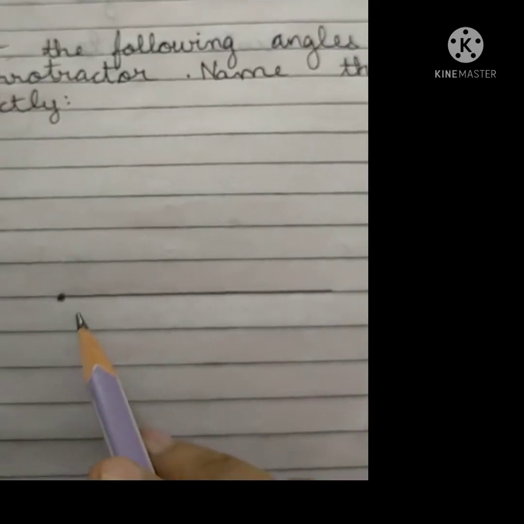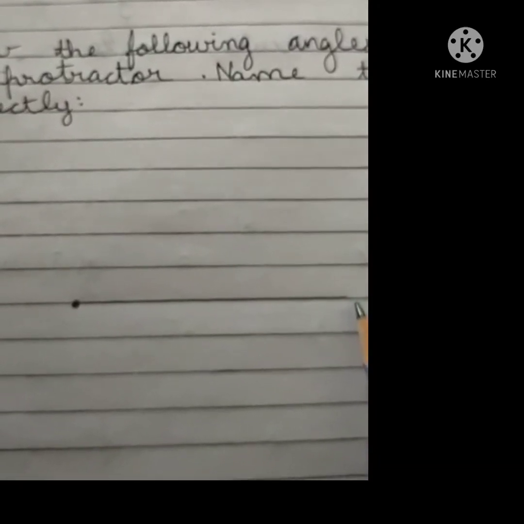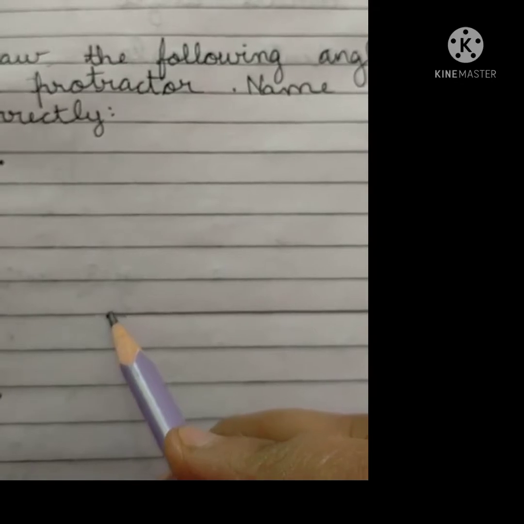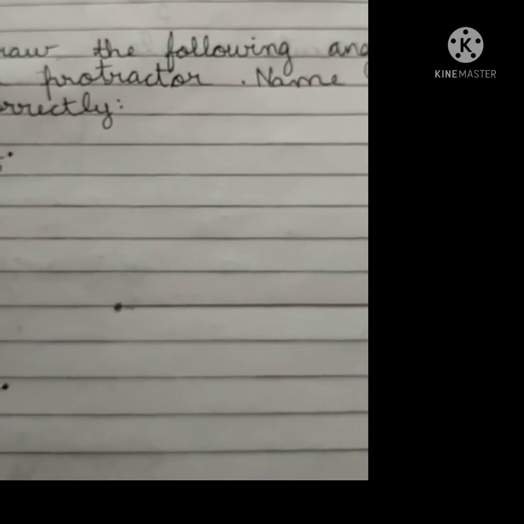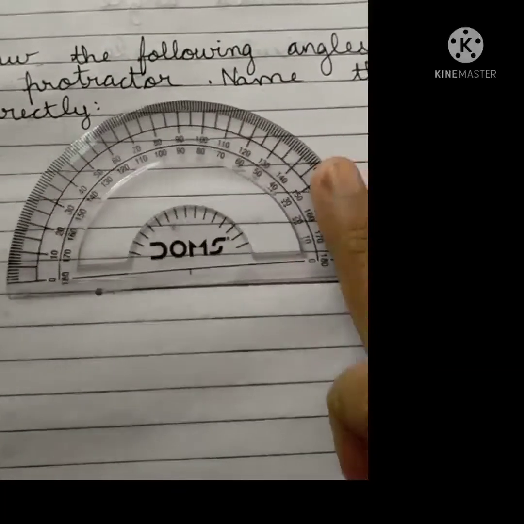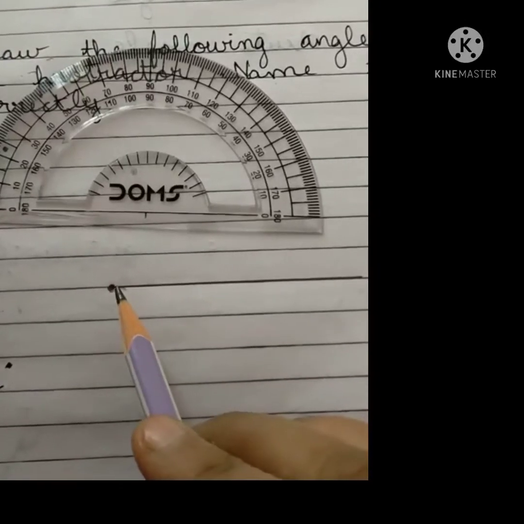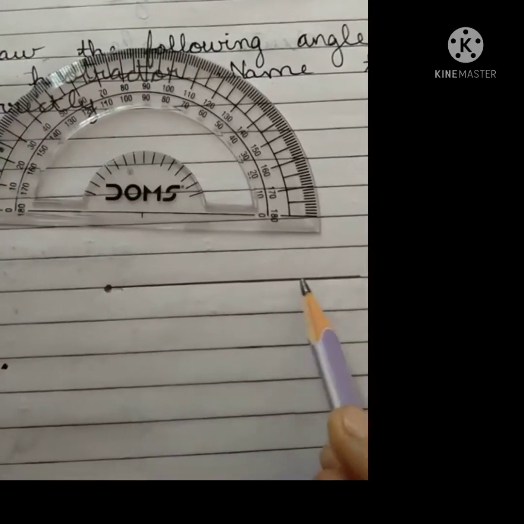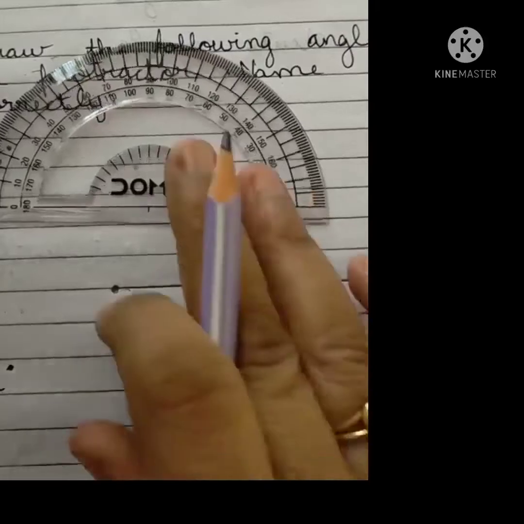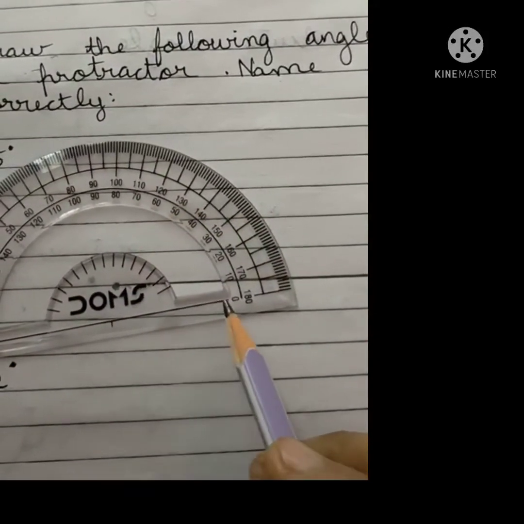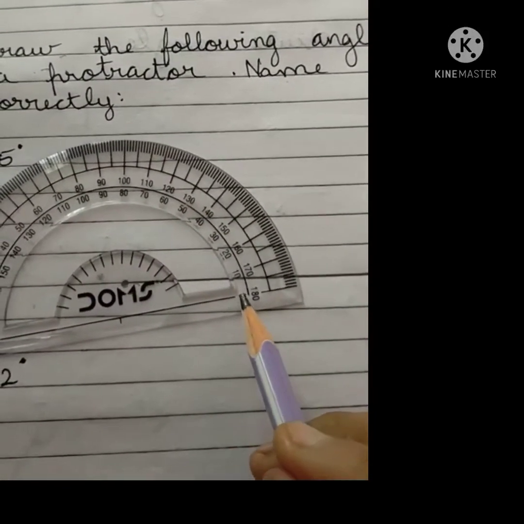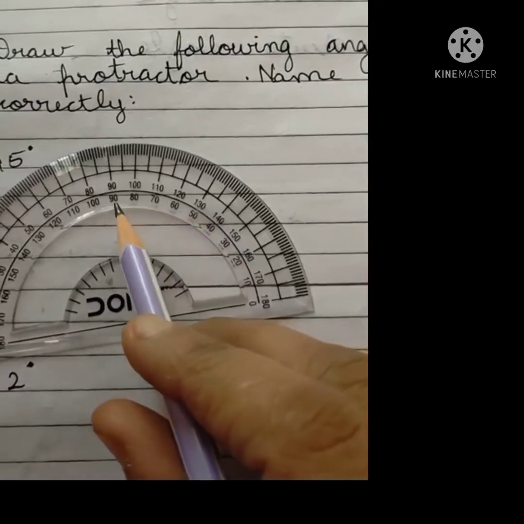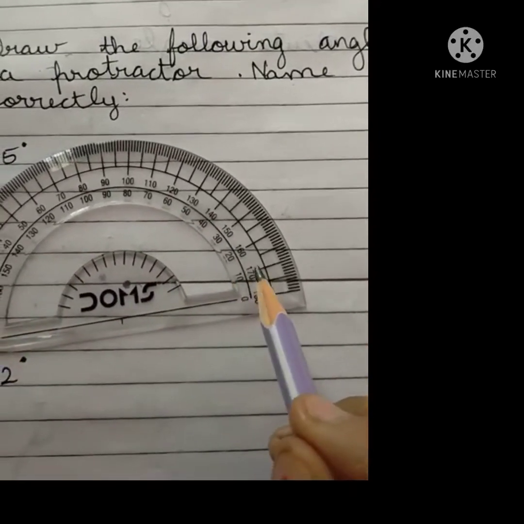First you will draw a straight line with the help of a scale and you will mark a point at the end. You will take a protractor, and if you have drawn the line towards the right side, then your 0 degree will be this, and you have to take this degree, not the upper one.